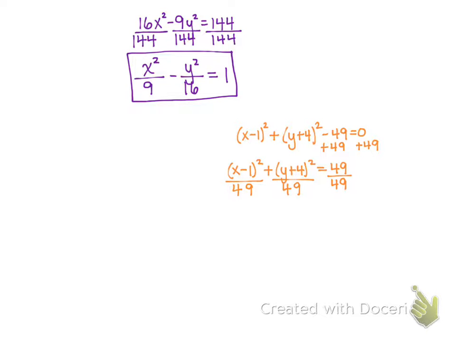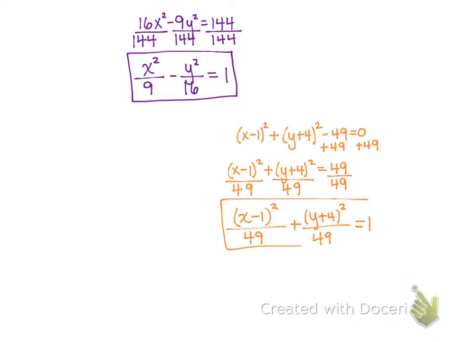And then that's actually simplified for us. So we have x minus 1 squared over 49 plus y plus 4 squared over 49 equal to 1. So again, from here we can identify everything.